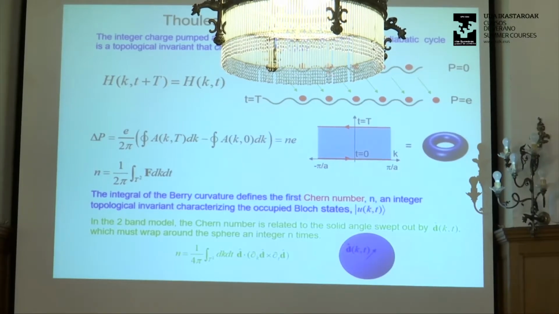And if I go through this cycle n times, I get n times e. And I can interpret that as the change in this Berry phase, comparing t at capital T and t at 0.